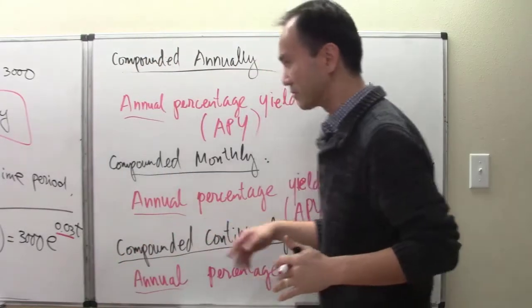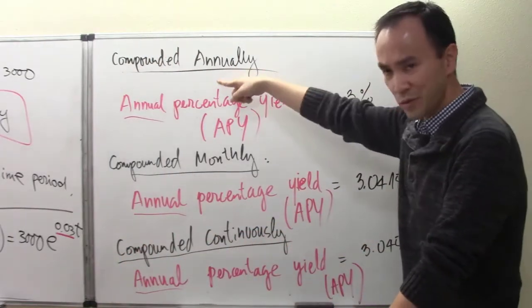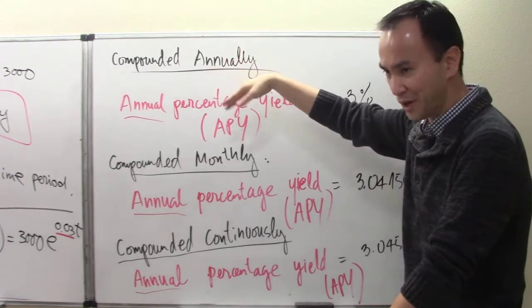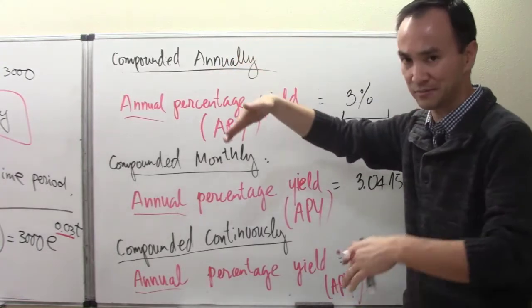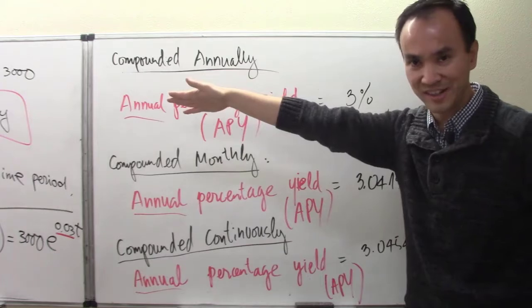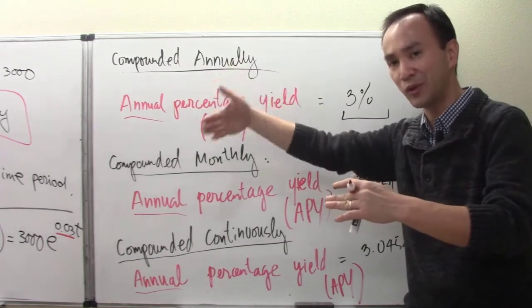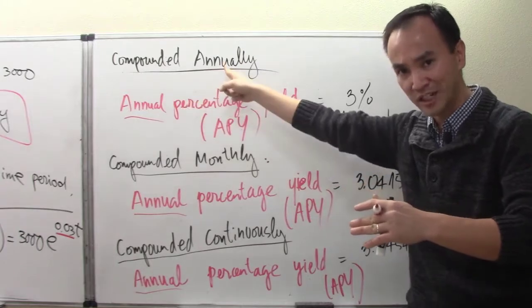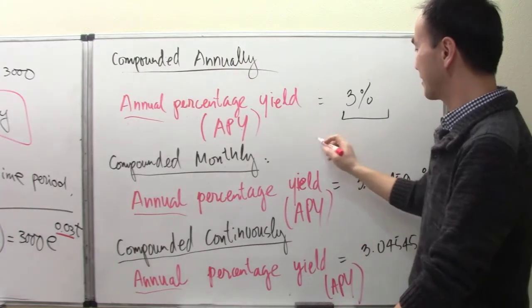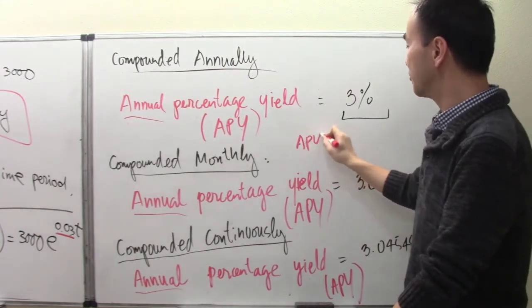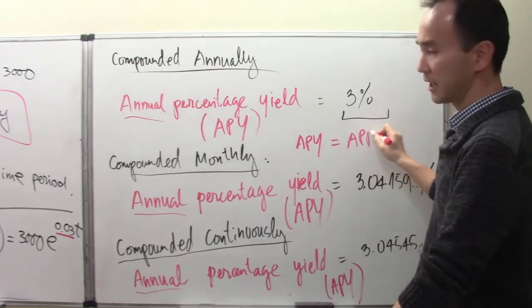It's all about how you compound. If you compound only one time in each of your default time periods, then the APY will exactly equal the APR.